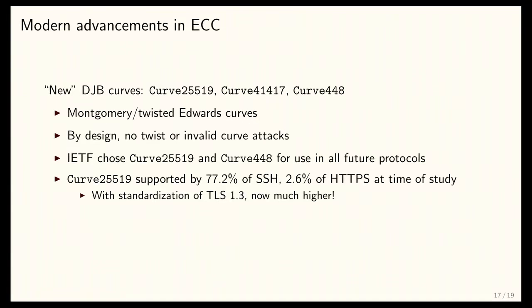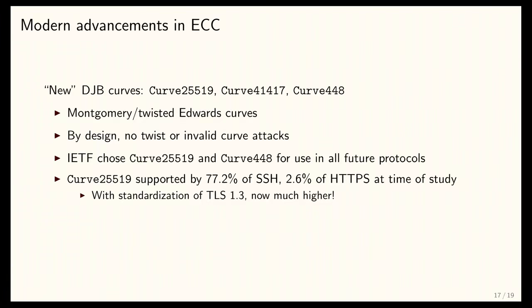Now you might ask why these protocols are designed in a way that makes it so easy for implementations to make mistakes like this. There's some good news here with these newly designed curves like Curve25519 and Curve448. They're actually designed in a way to avoid all of these twist and invalid curve attacks.